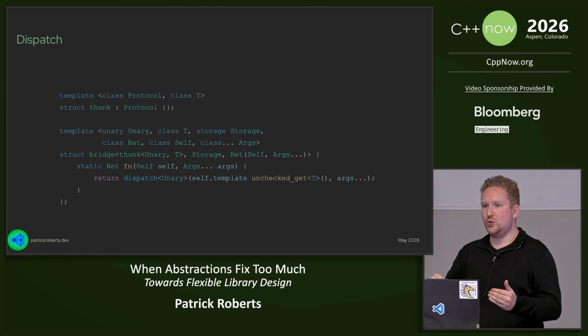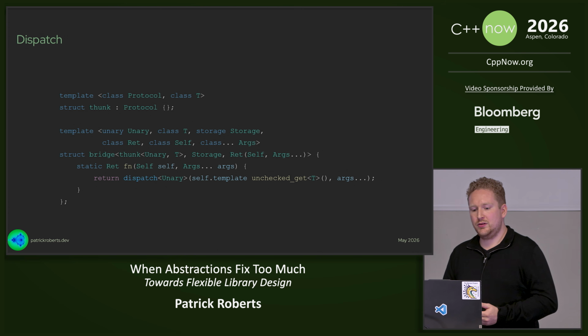Once you turn that into a function pointer, it's a function pointer that knows the type T, and when you go to invoke it later, you'll ensure through construction that that function pointer is only accessible if the concrete type T is actually stored in the storage. That relationship is guaranteed by construction. So that's how the closure is able to know the concrete type that's stored.